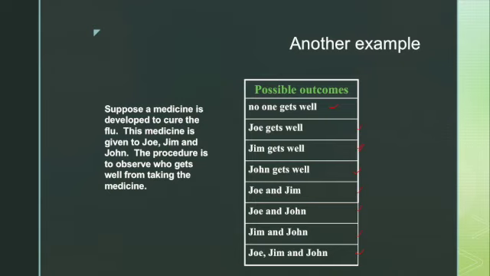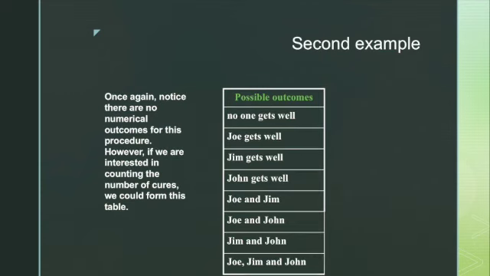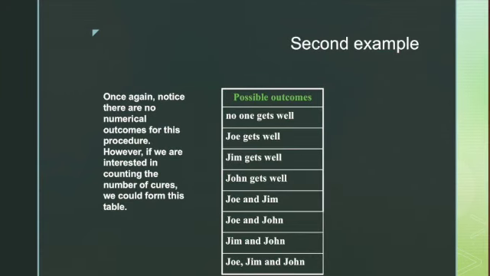So once again, no numerical outcomes. So we need to decide what we want to assign our random variable to. I'm interested in counting the number of cures we could get from this table. So no one gets well would be 0. Joe gets well would be 1.